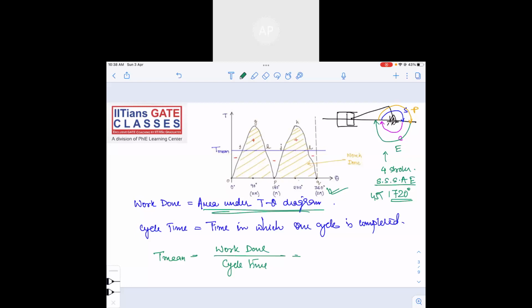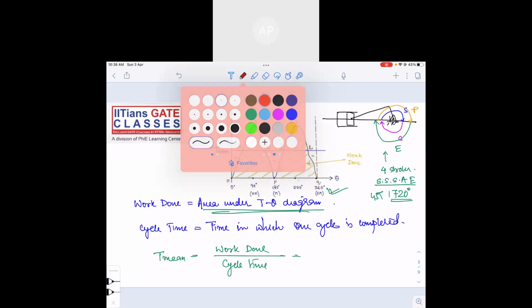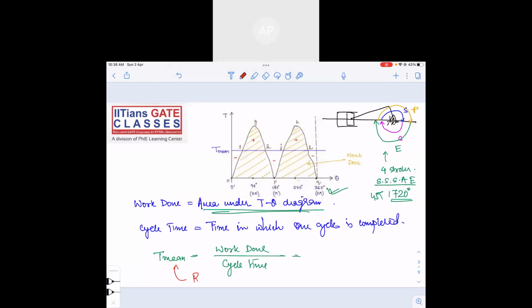This T mean is also known as resisting torque or load torque, right? I hope you're getting this.